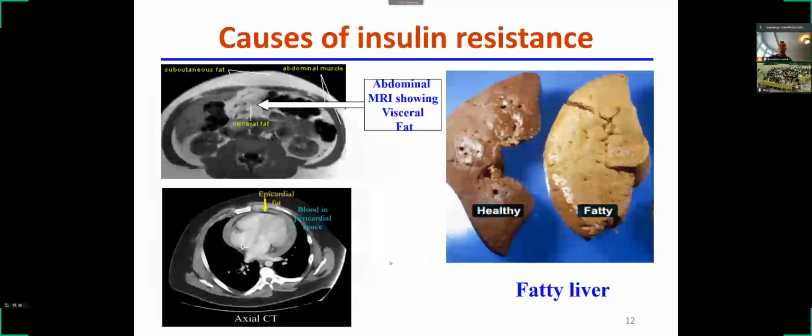Now, what are the causes of these? Well, it can be multiple, but basically it's the development of this sort of visceral fat, which becomes so much that you start to develop insulin resistance. And you can see these massive fat cells filling up this space.